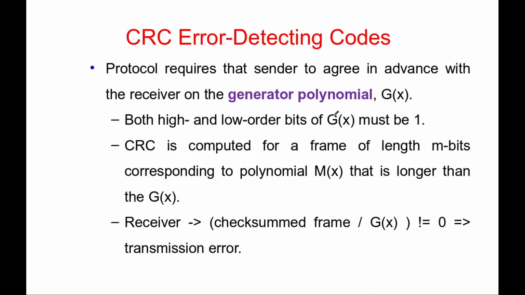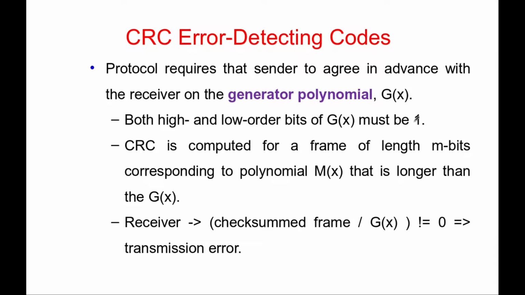So in the case of CRC, we are now going to see how CRC is actually done, the procedure in that method. The very first requirement is that both the sender and the receiver must first agree on what is called the generator polynomial, G(x), where that G(x) must have the MSB and LSB bits as 1.